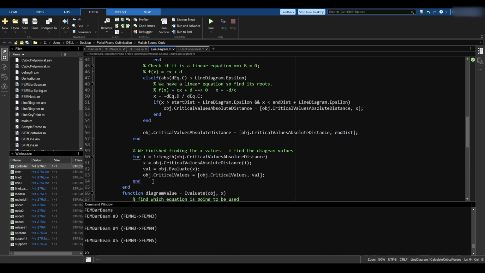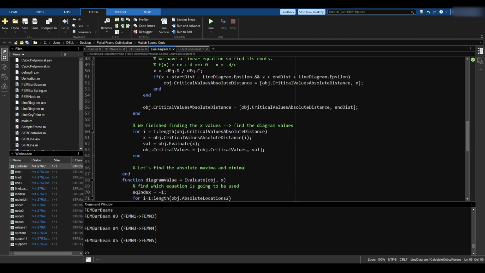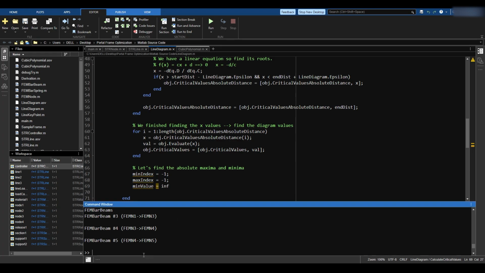One final thing is, let's find the absolute maxima and minima. So how do I do that? Well, I will cycle through. First of all, let's define some stuff. Here, I will say minimum index equals -1, maximum index equals -1, minimum value equals infinity. Wait, does it work? Let me see. A equals infinity.